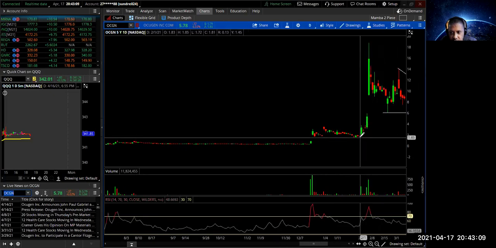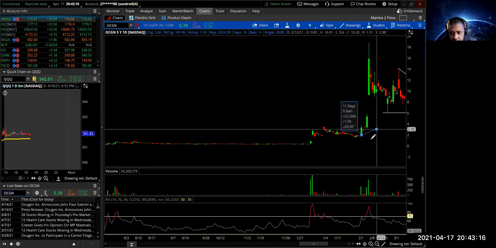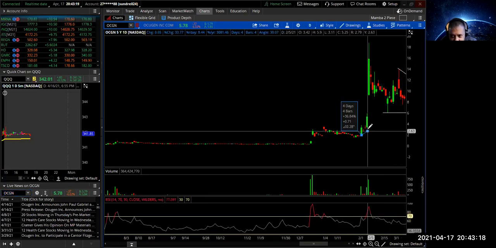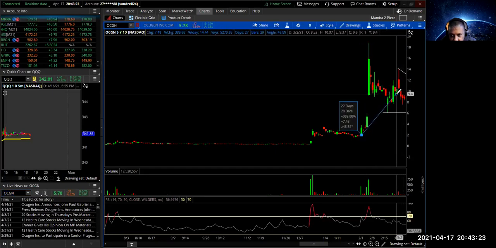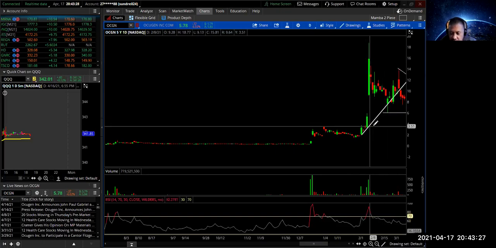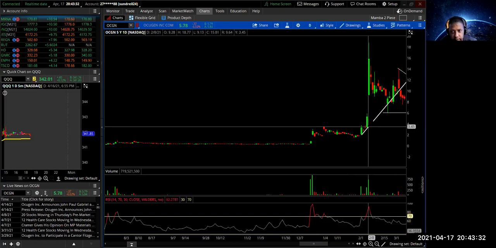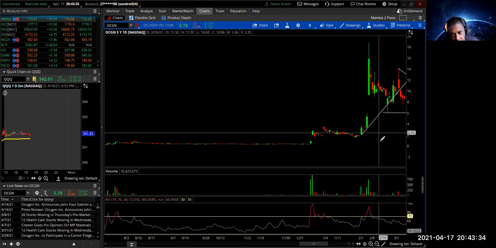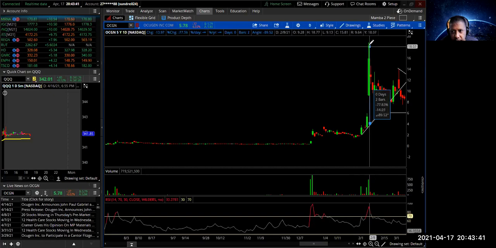If I were to draw this trend line from the bottom of this candle and extend it to the right, it parabolically broke away from the trend. It didn't break through, so it broke out. So we're at a 90-degree move.